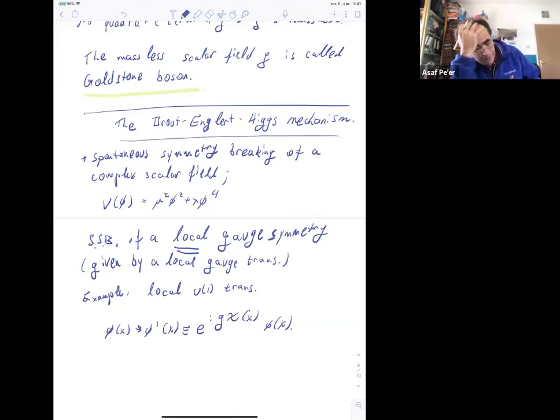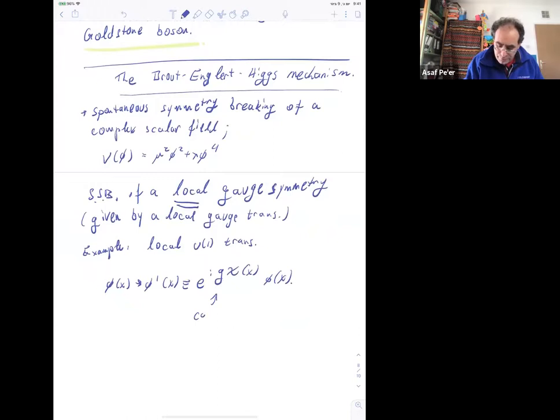Now remember, g is the coupling constant, and phi has a charge of 1, so it doesn't appear directly in the exponent. For electric charge, we had Qe, where e is the coupling constant and Q is plus or minus 1 for protons and electrons.